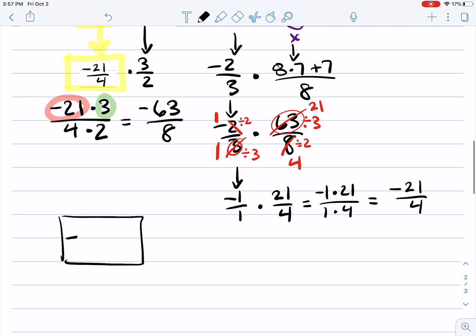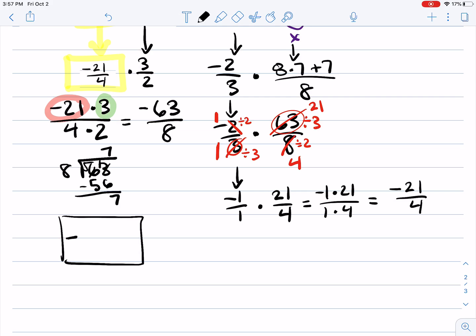So now we need to simplify. 63 divided by 8. I can divide this 7 times, 56. 13 minus 6 is 7.